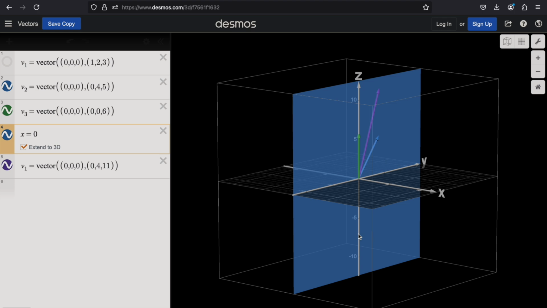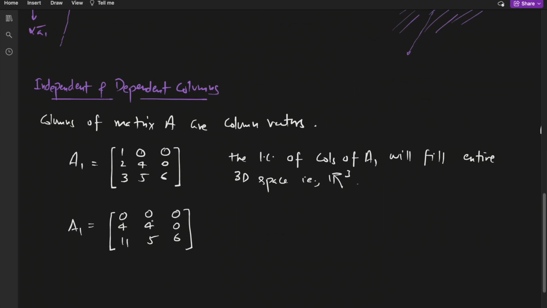So that's why we can say that these three column vectors are linearly dependent, because the first column vector is nothing but a linear combination of the remaining two columns. So basically, column A1 is nothing but column A2 plus column A3.